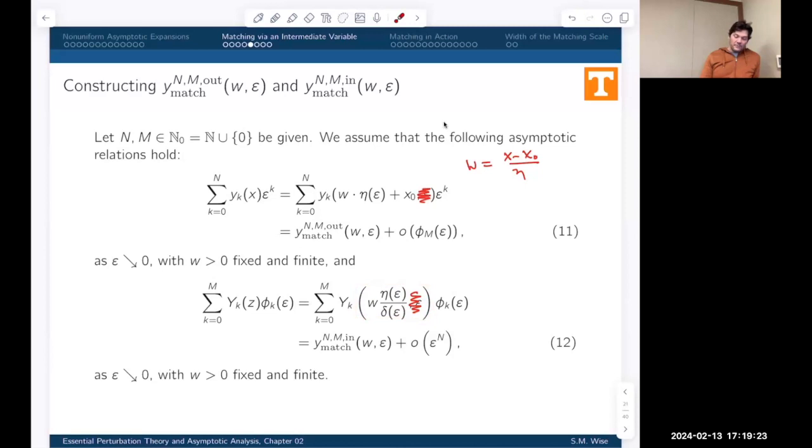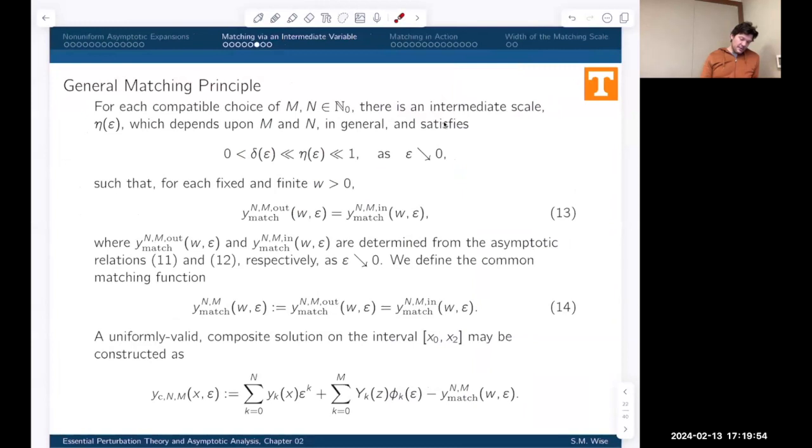And then I'm going to collect all terms and keep only those falling under little o of epsilon to the N. And every term that falls under that, I'm just going to call Y match NM. Are M and N the same in the two equations? Yes. Once you pick M and N, they're the same in the two equations. And the usual thing is M and N are equal.